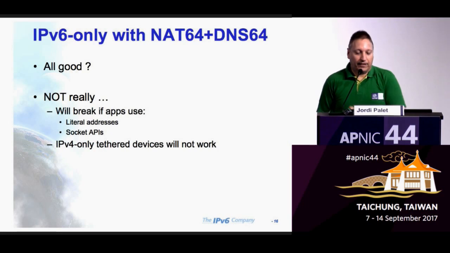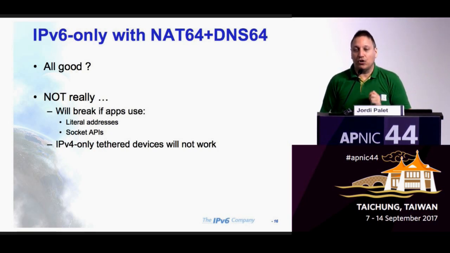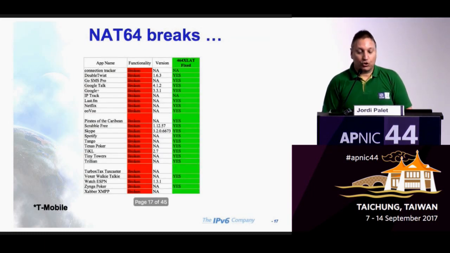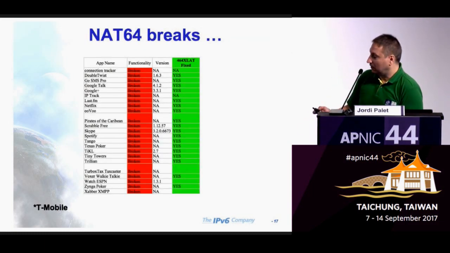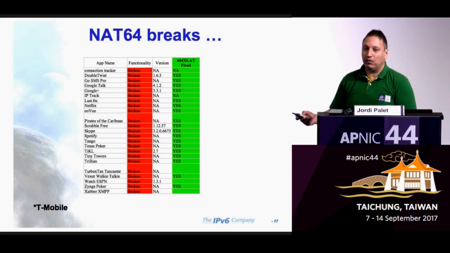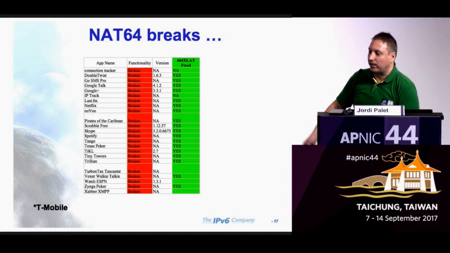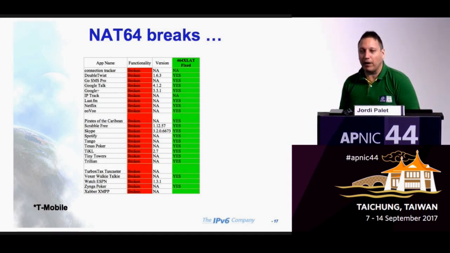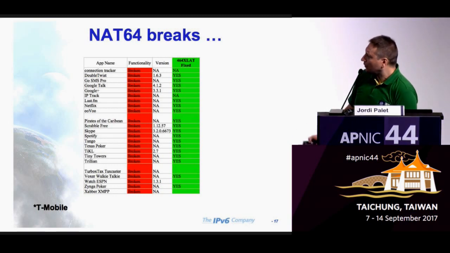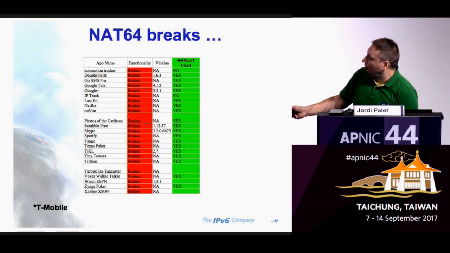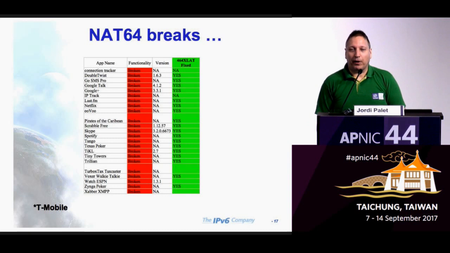So again, NAT64 with DNS64 is not enough. So look at this. This is an old table. It was compiled by T-Mobile, one of the bigger mobile operators in the US. And they compared all the applications that break with NAT64 and DNS64.